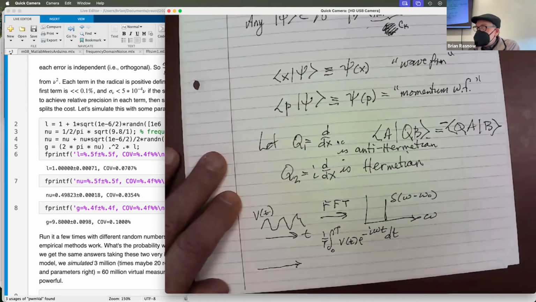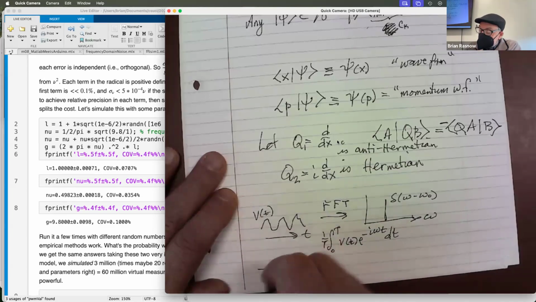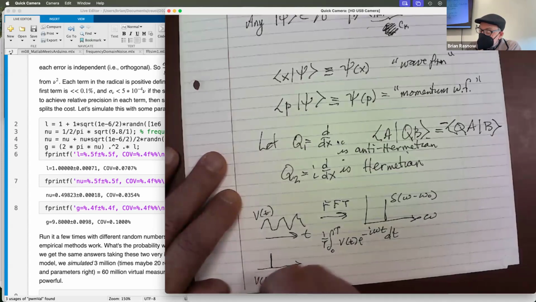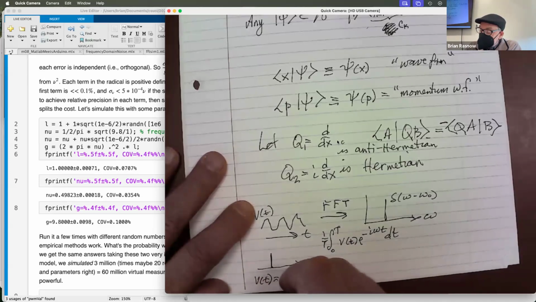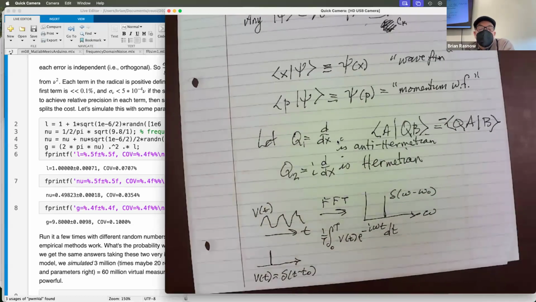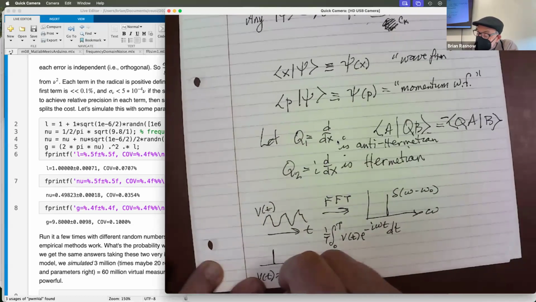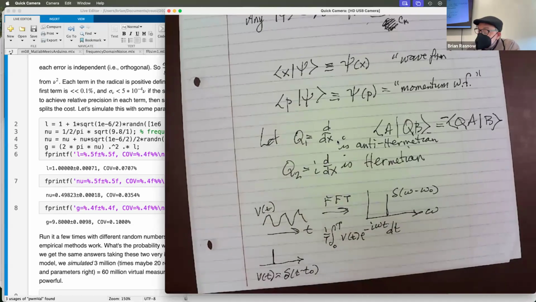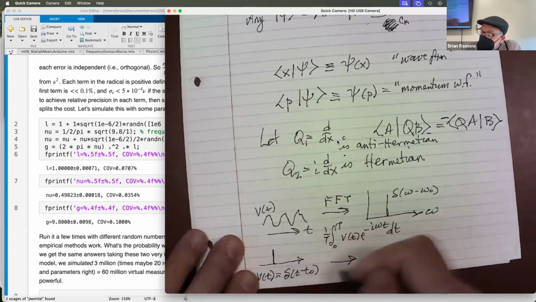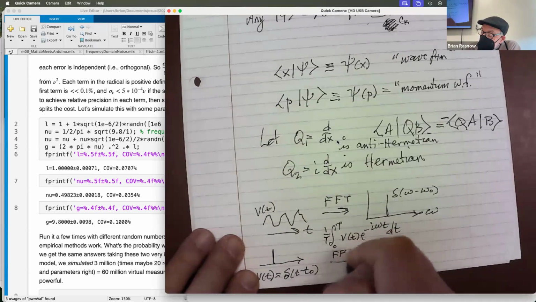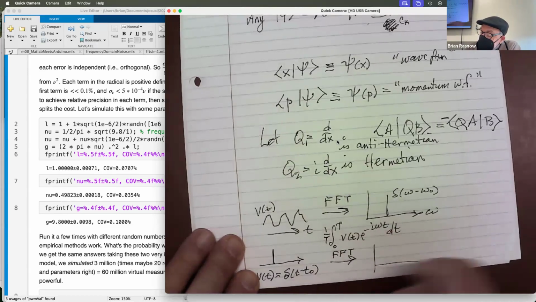Okay. Now, what about in the time domain when I have V of t equal to delta of t minus t naught? That's a delta. So what is its Fourier transform? And you just saw it.